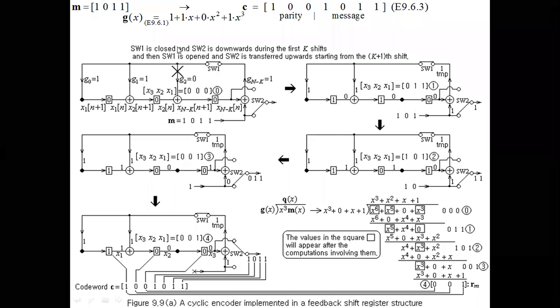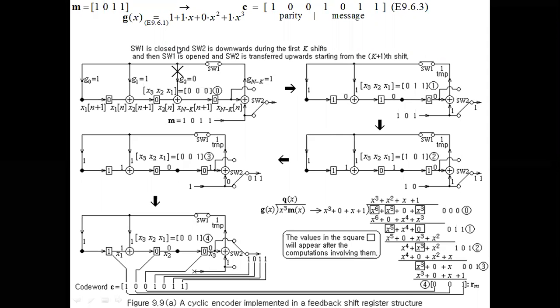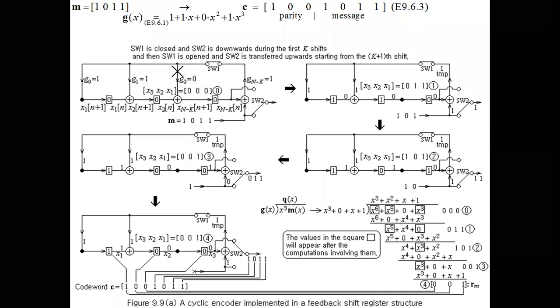The generator polynomial is 1, 1, 0, 1, given as an example.